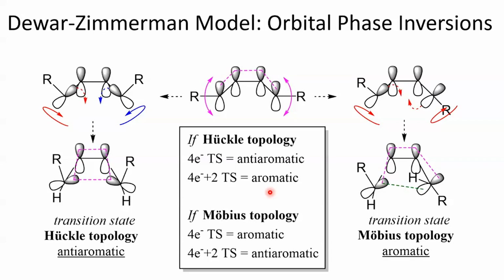That's going to account for the different results that we're going to see for butadienes and hexatrienes. So we determined before that this has the Huckel topology. We have 4 electrons in our transition state. That means that this transition state is anti-aromatic. Looking over here, for this one, we determined that this transition state has a Mobius topology. It still has 4 electrons, therefore it's an aromatic system.